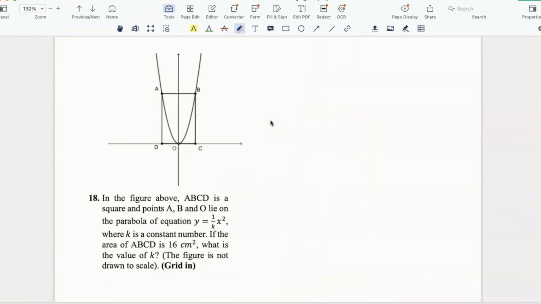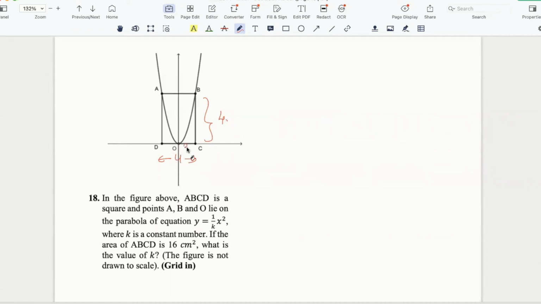In the figure above, ABCD is a square and points A, B, and O lie on a parabola of the equation y is 1 by k x squared, where k is a constant. If the area of ABCD is 16, what is the value of k? So if the area of ABCD is 16, then this is 4 and this is also 4 because it's a square.